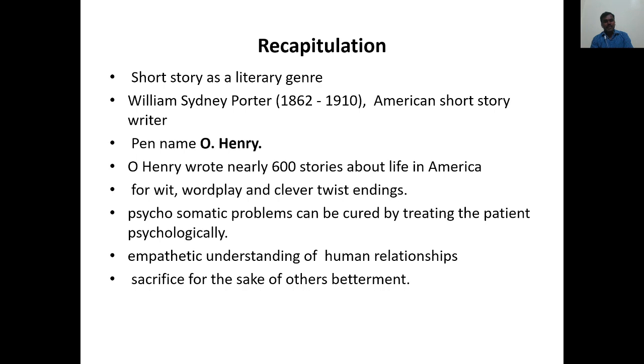Ankitanama means the name we give to whatever we write, some name that we like. So he had given the name O. Henry to his writings. O. Henry wrote nearly 600 stories about life in America, for wit, wordplay, and clever twist endings.